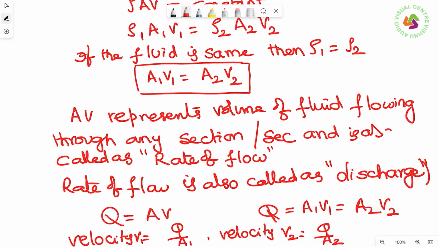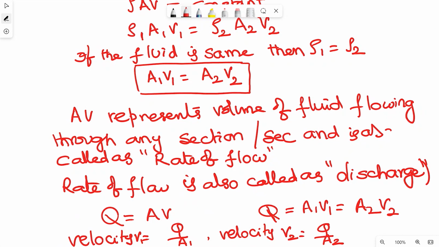So this continuity equation, which we have derived for the one-dimensional flow, finally comes to rho A1 V1 is equal to rho A2 V2, and finally A1 V1 is equal to A2 V2. And this application is very useful, that AV is nothing but the discharge. You should remember, discharge is equal to area multiplied by velocity.